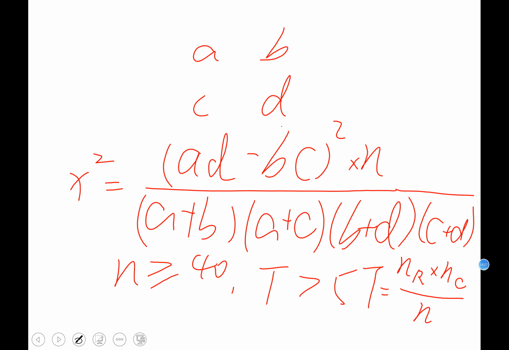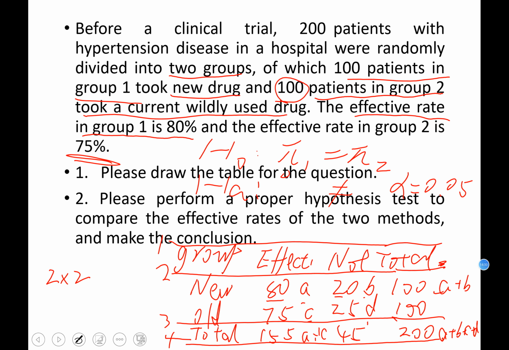So let's go back to our example. So here we can find that this is n, the summation of A, B, C, and D in the right corner of the table. So that is the little n. And if we want to calculate the chi-square value, we need to calculate the expected frequency for each cell.